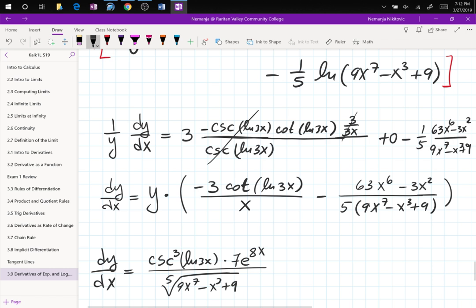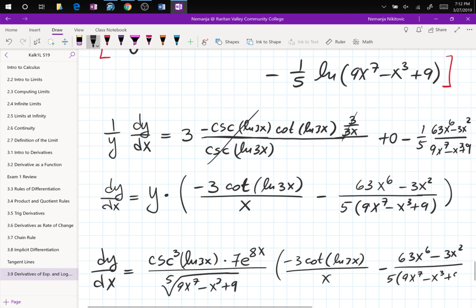And then times what I have here. That's negative 3 cotangent of ln 3x divided by x minus 63x to the 6 minus 3x squared divided by 5 times 9x to the 7 minus x cubed plus 9. It's already factored.